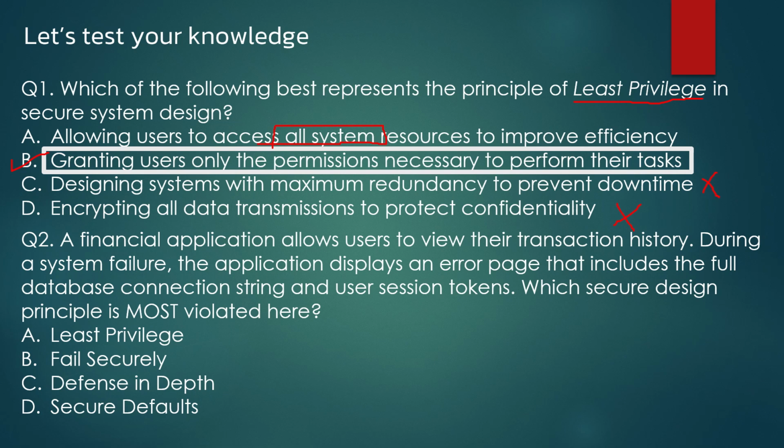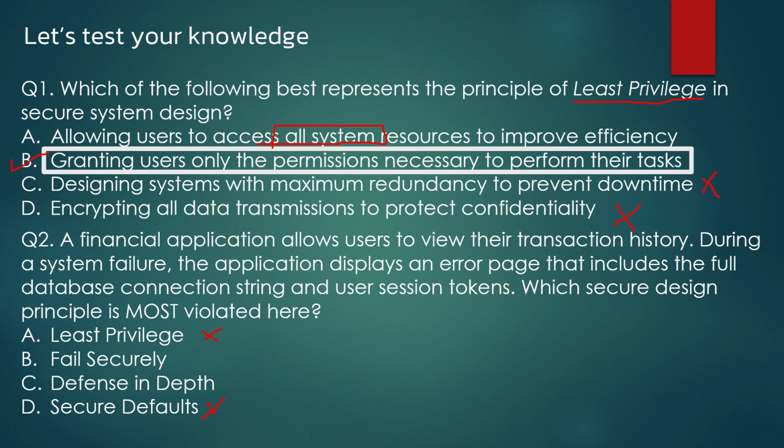Least privilege is to give the minimum privilege, so that is not what we are talking about. We are not talking about privilege here. We are not talking about secure defaults. Secure defaults means the default security that is placed while the application or any asset is being developed. B is fail securely and C is defense in depth.